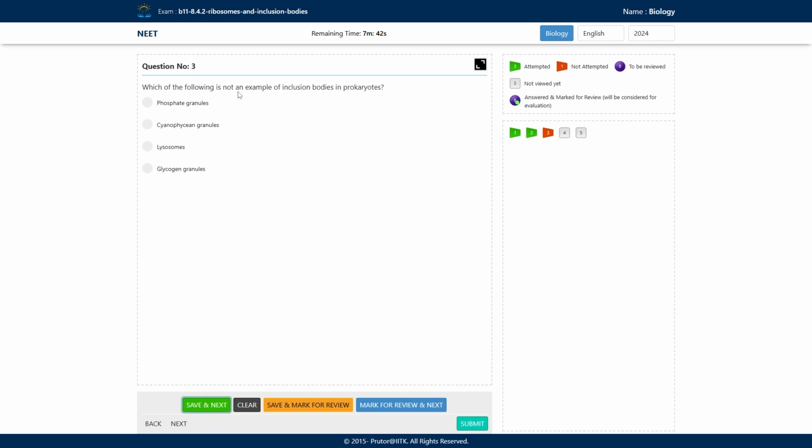Next is, which of the following is not an example of inclusion body in the prokaryotes? Options are phosphate granules, cyanophycin granules, lysosomes, and glycogen granules. What will be the correct answer?